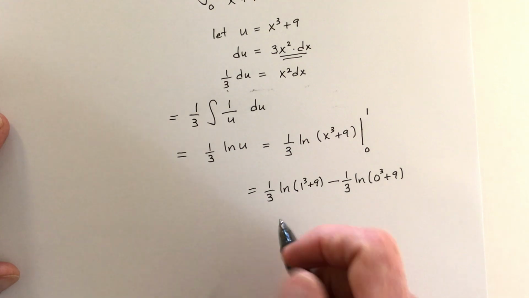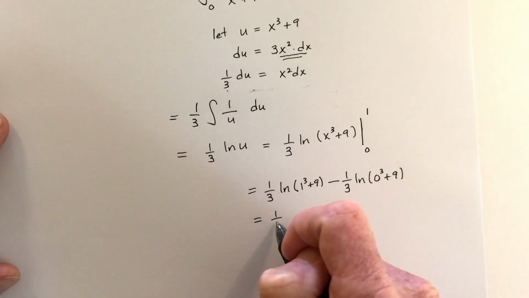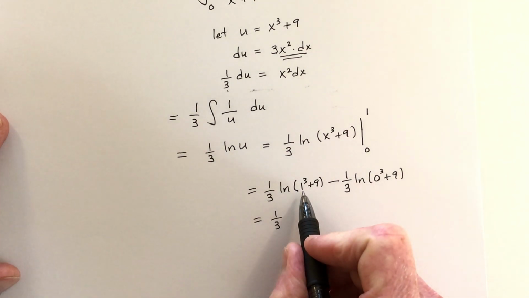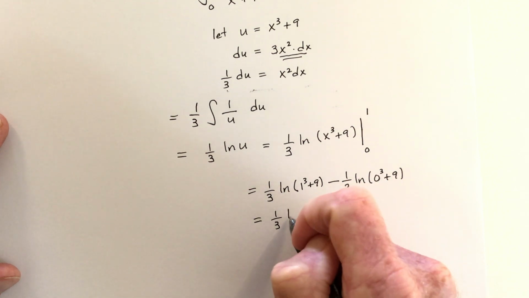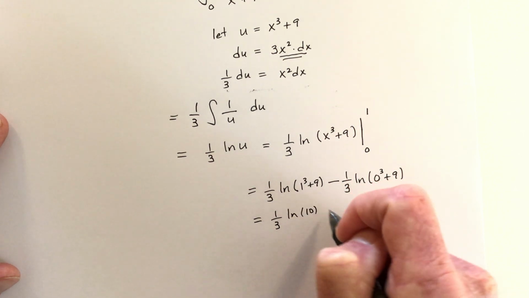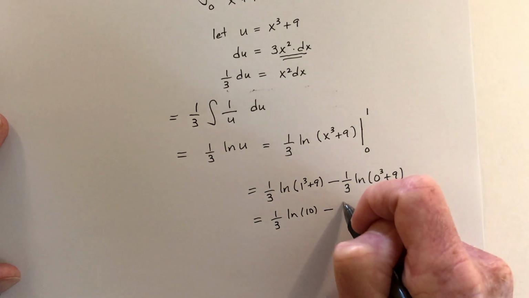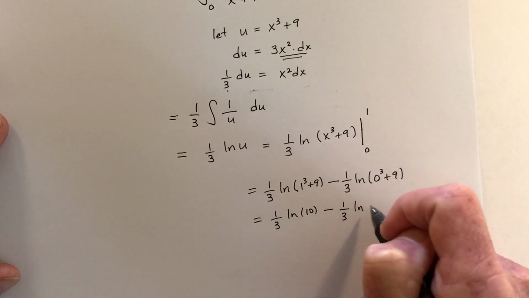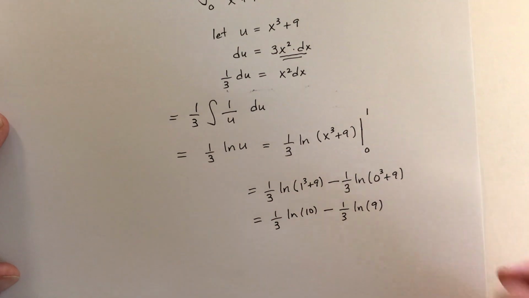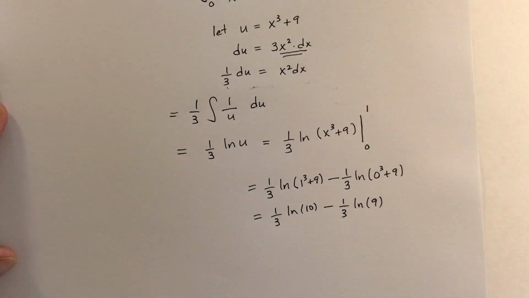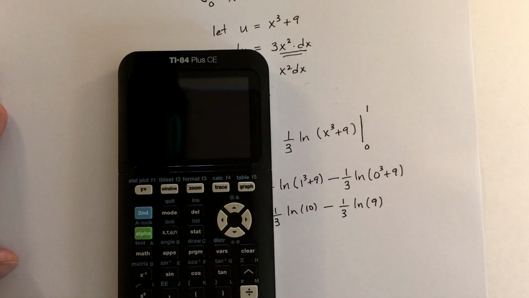And I can simplify this one a little bit before using the calculator, because this is going to be a 1 plus 9, so that's 10. And this is just a 9, so minus 1/3 natural log of 9. And how much is that?